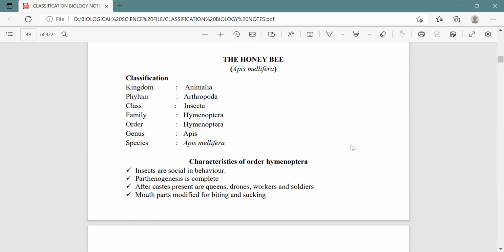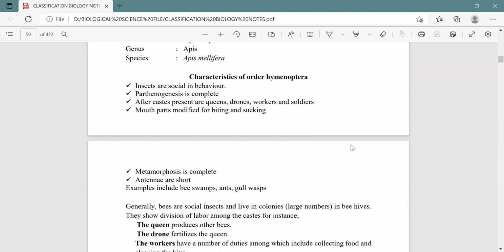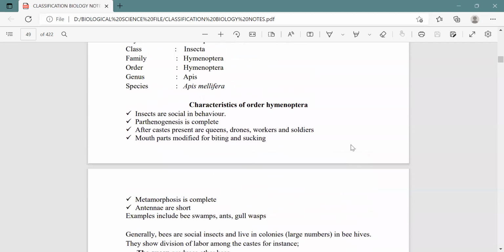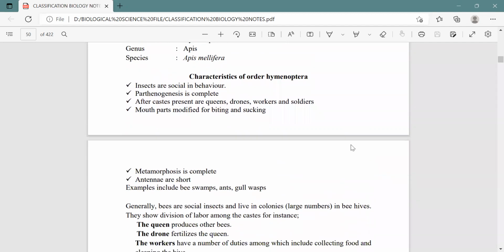From class, we go to order. And from order, we go to family, so that this order should be corrected. From family, we go to the genus. And from genus, we go to the species.